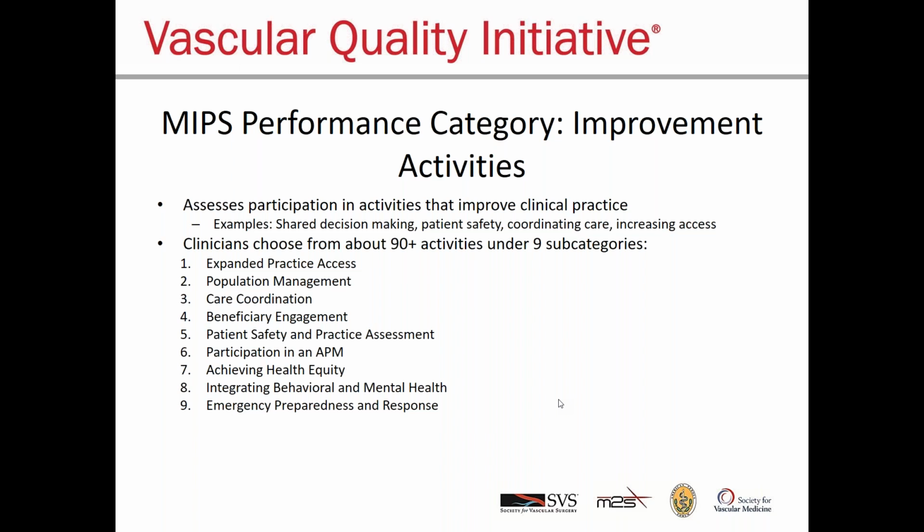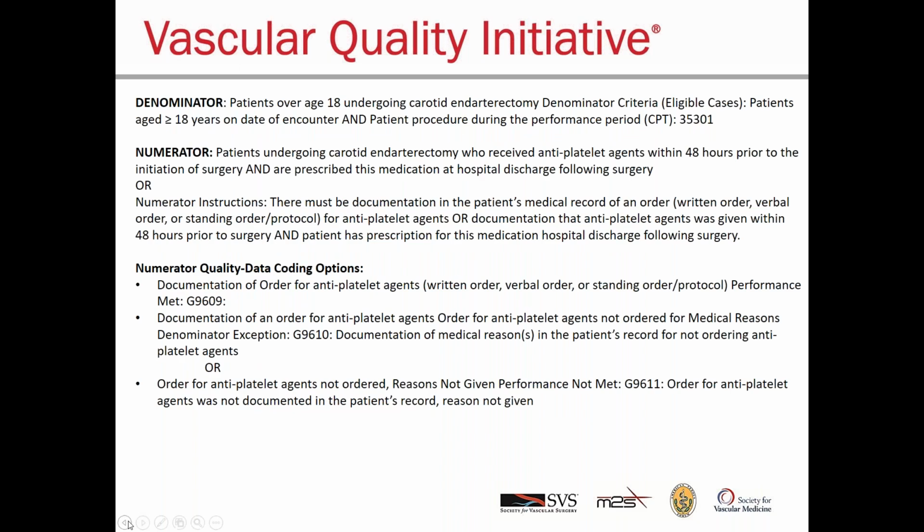Yeah, because you'll need to be able to find the information in the patient's record to be able to report the measure, right? As we just looked at with antiplatelet therapy, right? If somebody didn't document these things, I ordered the antiplatelet therapy, or I didn't order it for a particular reason, or there's no information, then everybody would be getting a G9611 even if people did these two things.